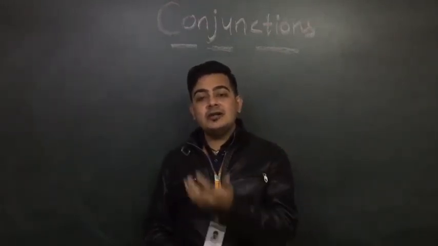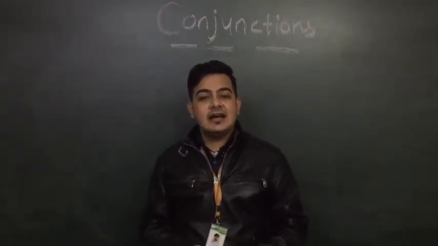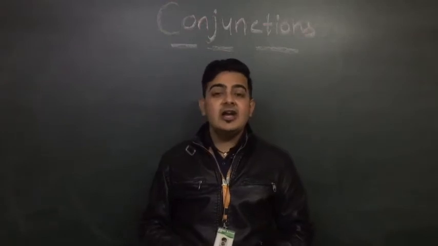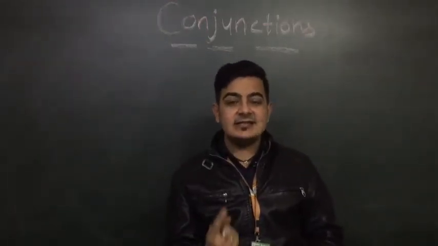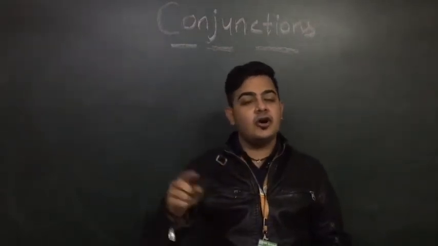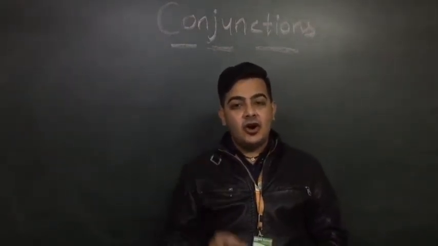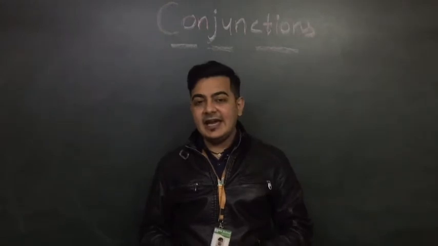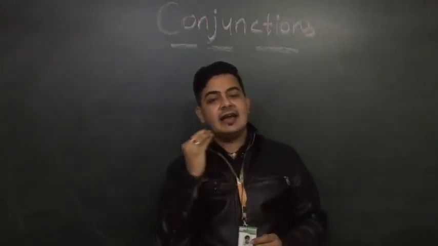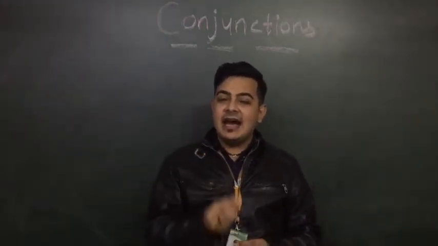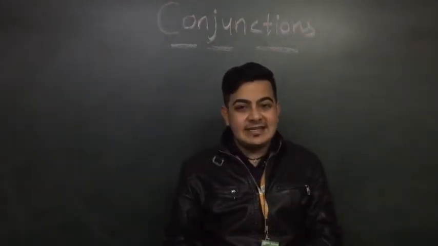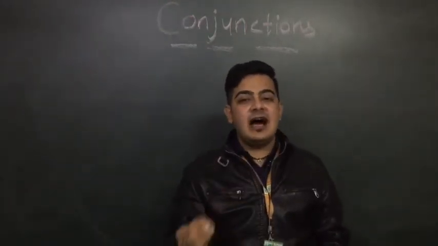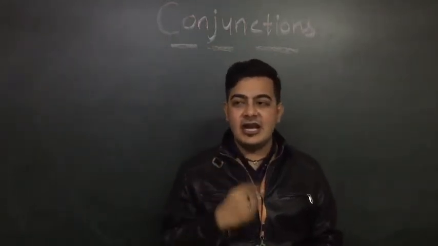So now what are conjunctions? Conjunctions are used to join two sentences or two words, or a clause or a phrase. ठीक है, phrase को join करना है, clauses को join करना है, या if we want to join two words, two sentences, at that time we are using conjunction.